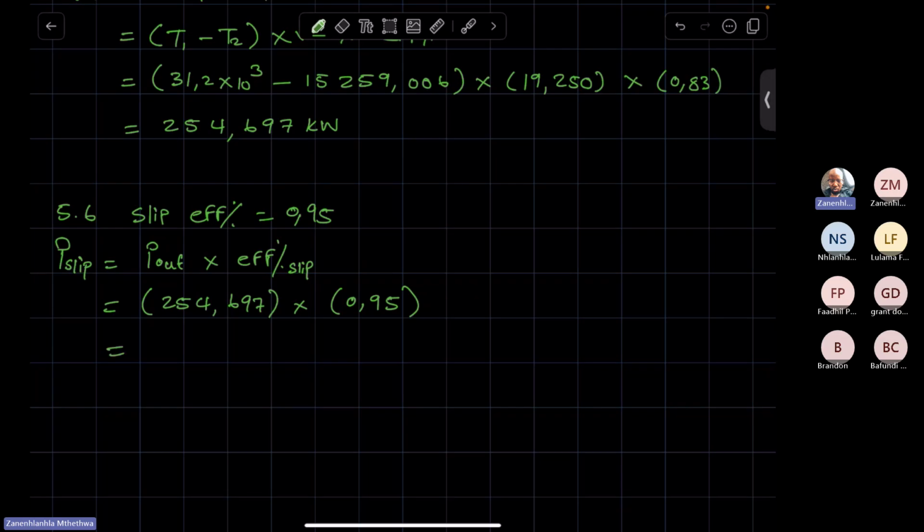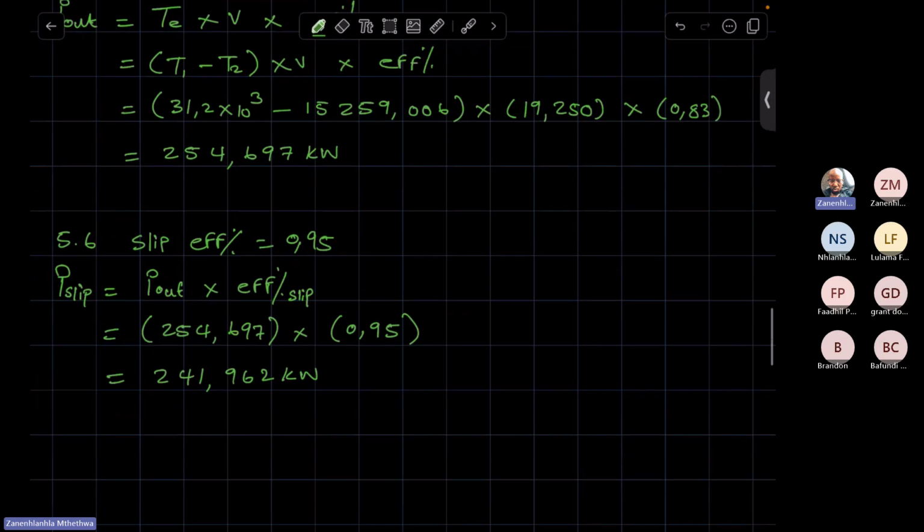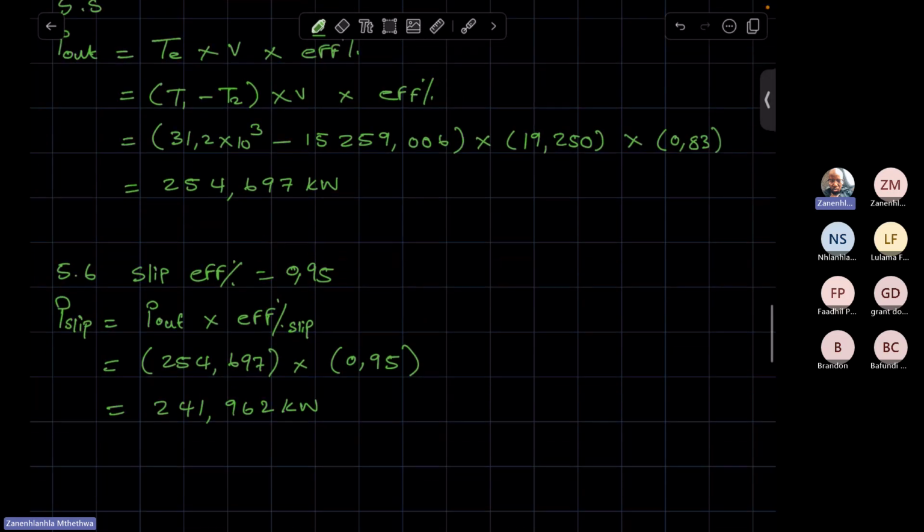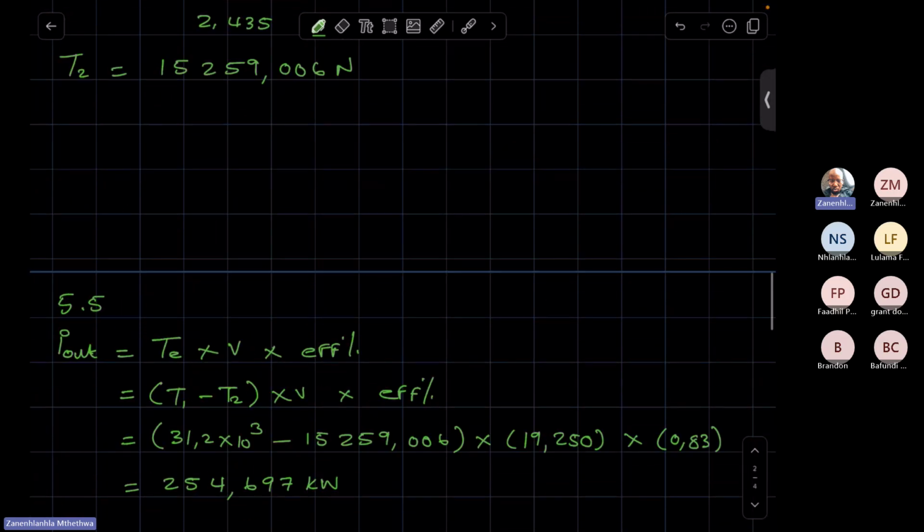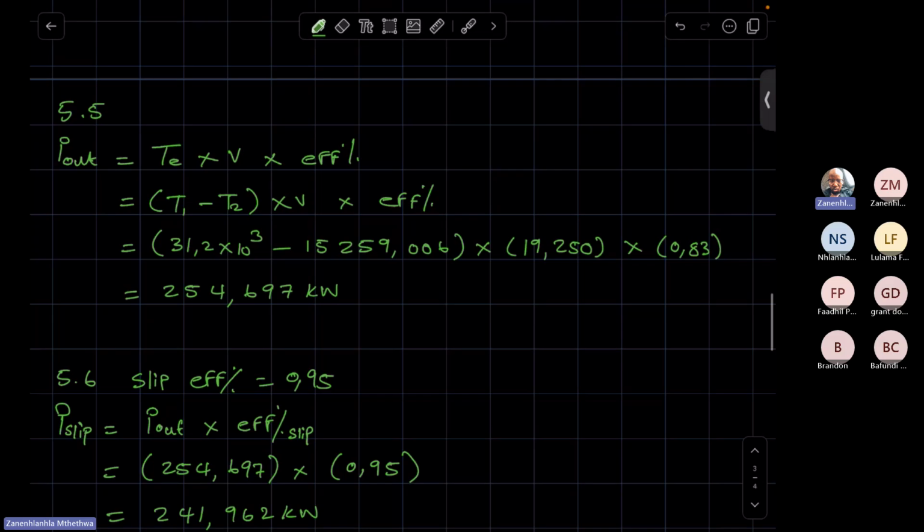Very simple. So this is 254,697 times 0.95. So I'm getting 241,962 kilowatts. And that is the approach you would take in solving a problem where the belt drive system is not 100% efficient.